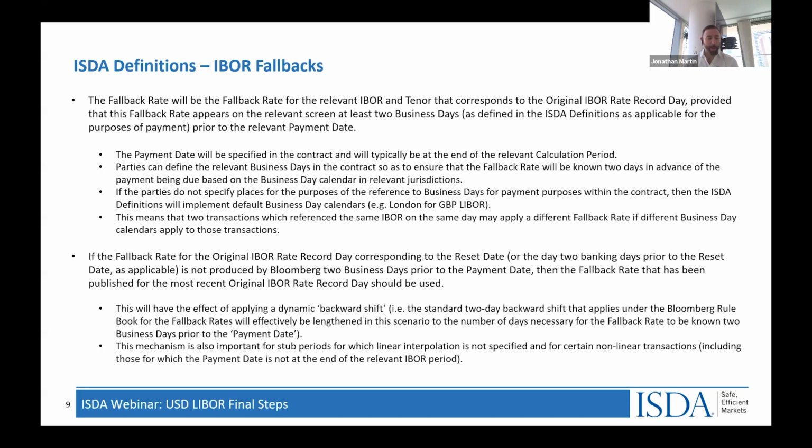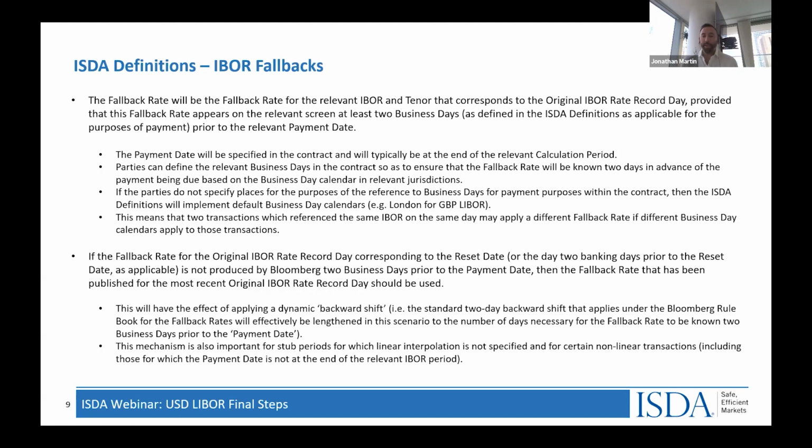But what about for non-standard swaps? What about if you have a swap with a non-standard period? Say you have an initial period where you've applied a 3-month LIBOR to a stub period where the calculation period is, say, between 2 and 3 months.